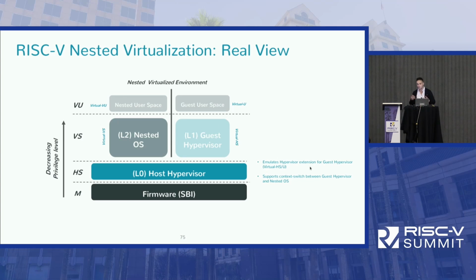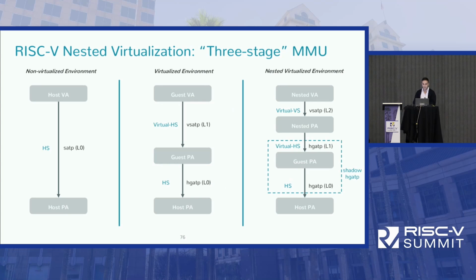And this is done mostly, as of today, through trap and emulation, the concept that I presented at the beginning of the presentation, and is widely facilitated by the fact that RISC-V is classically virtualizable.